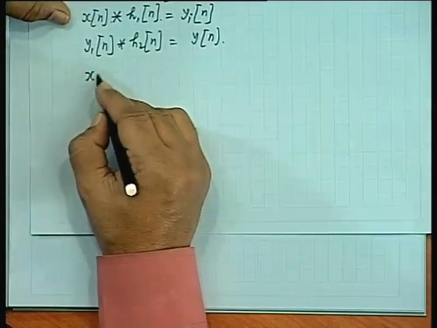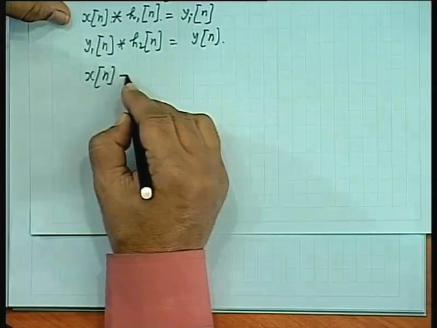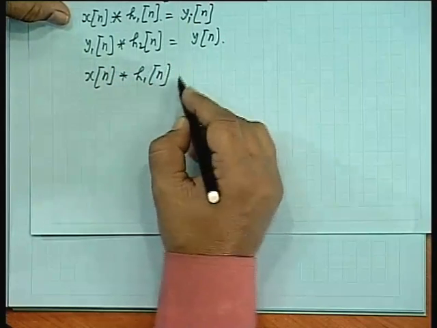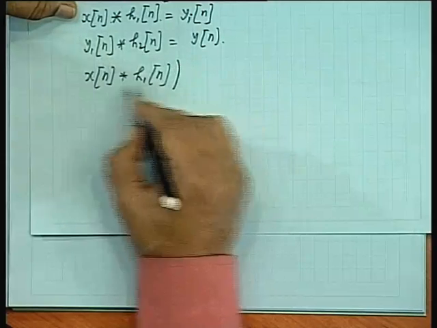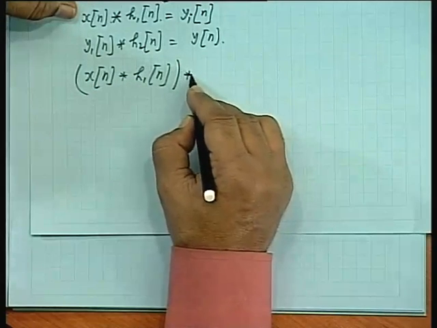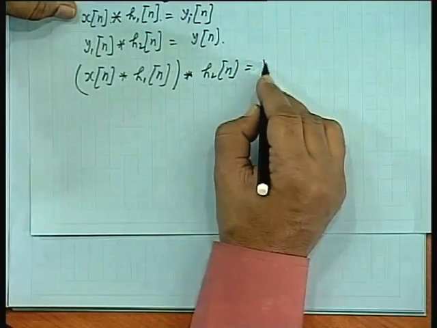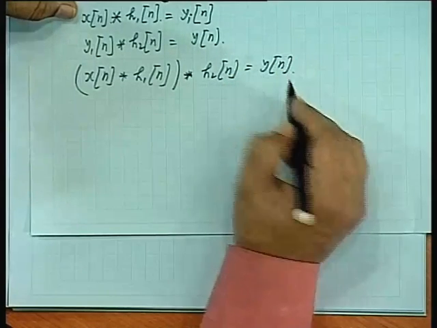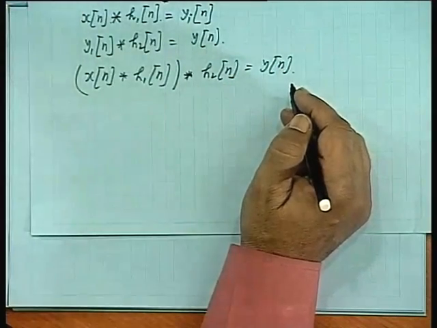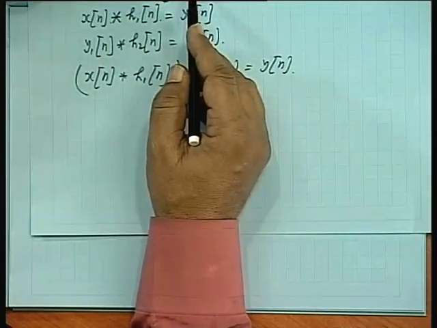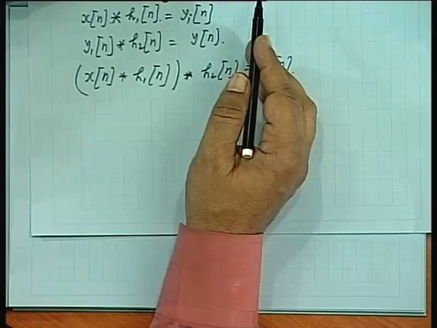So, basically x n star h1 n, the whole thing again convolved with h2 n, is equal to y n. Now, we will show that the order of appearance of these two blocks will not change the final output.